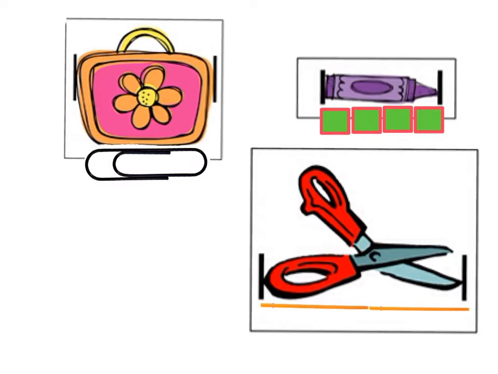That doesn't help me decide which one is the shortest and which one is the longest. I wouldn't be able to arrange them in order from shortest to longest or longest to shortest. We need to remember that they have to be measured using the same object, the same informal unit. So make sure when you are comparing and arranging, you are measuring using the same informal unit.